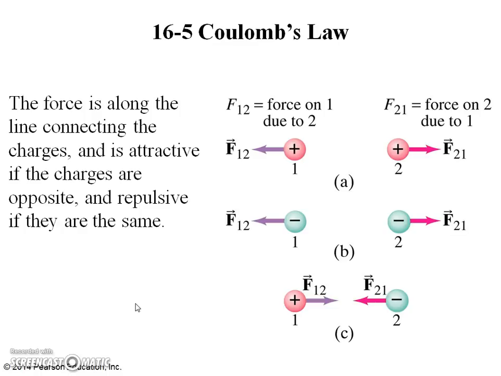They repel each other. If the two charges have opposite signs, the force on one is directed towards the other because they attract. Notice that the force one charge exerts on the second is equal but opposite to that exerted by the second on the first, in accord with Newton's third law.